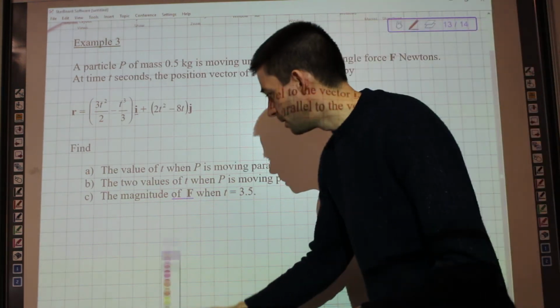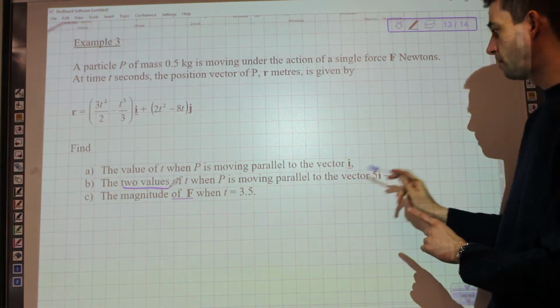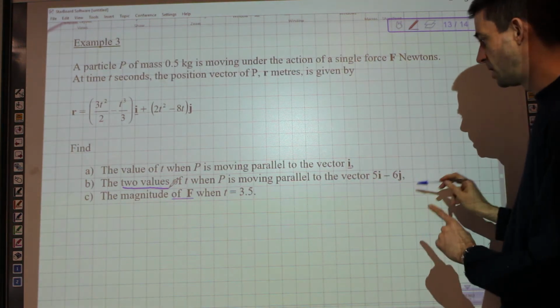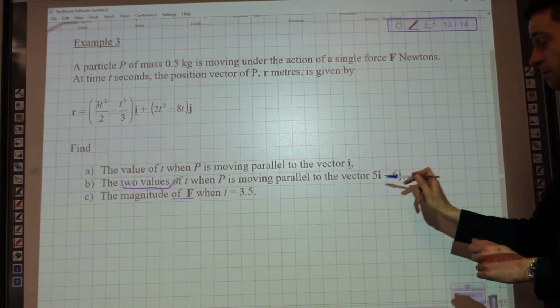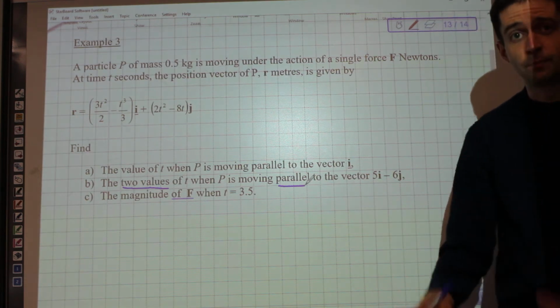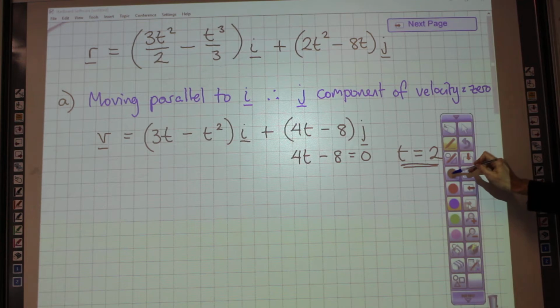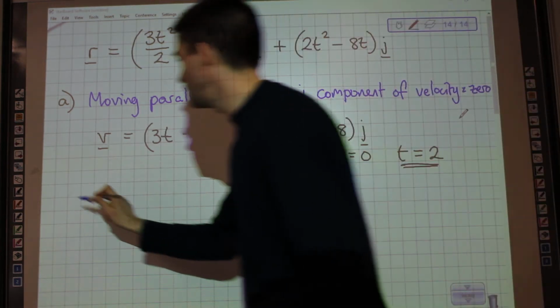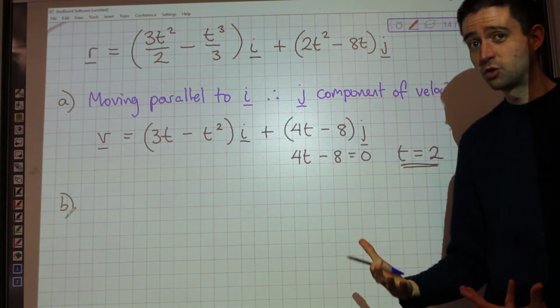In part B, I'm now asked for the two values of t when P is moving parallel to the vector 5i minus 6j. Now, this is important. The vector that it's moving with isn't 5i minus 6j, it's parallel, which means it's a multiple of that vector. So in part B, I'm still going to be using the velocity vector because I'm still interested in its direction of travel.